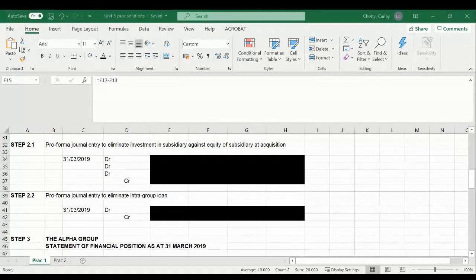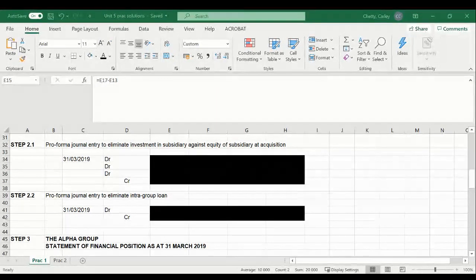But remember, we also have goodwill. In this situation, the consideration paid was greater than what was acquired. So therefore, we have goodwill. Is goodwill going to be a debit or is it going to be a credit? A debit. Okay, correct. So we are going to debit and raise goodwill in the pro forma journal entries.